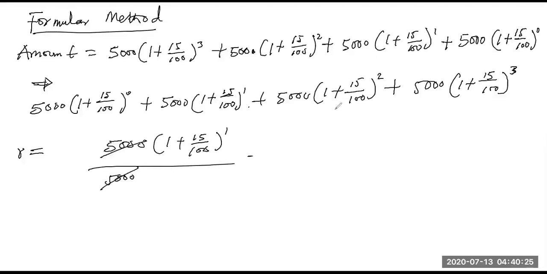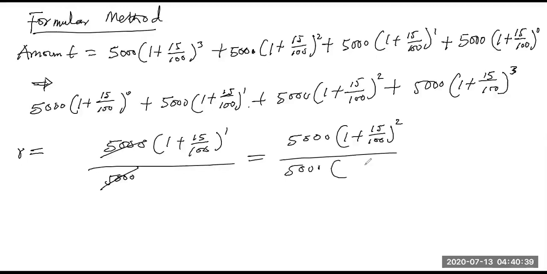It is the same thing if I do the third one divided by the second one: 5,000 into 1 plus 15 over 100 raised to the power 2 divided by 5,000 into 1 plus 15 over 100 raised to the power 1. We cancel 5,000. This expression appears twice, this one appears once, so once cancels 2, and the expression will remain. So our common ratio is just the entire expression 1 plus 15 over 100.